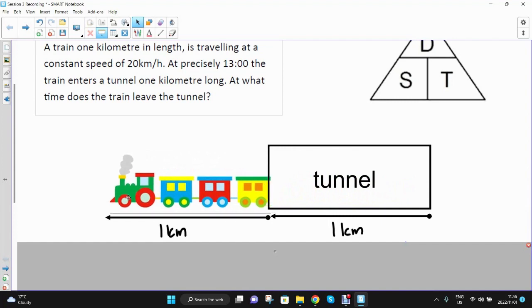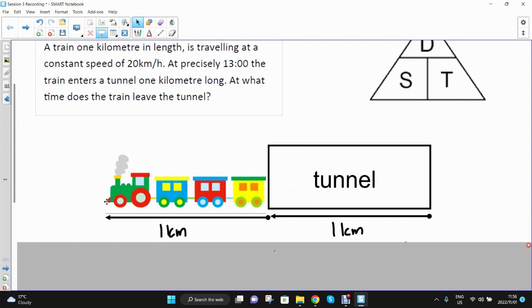As soon as the train leaves the tunnel, the distance that we have traveled so far is 2 kilometers. Okay, so that's what you need to understand. Keep your eye on the front of the train, and as you are moving through the tunnel and out the other side, how far did the front of the train move?